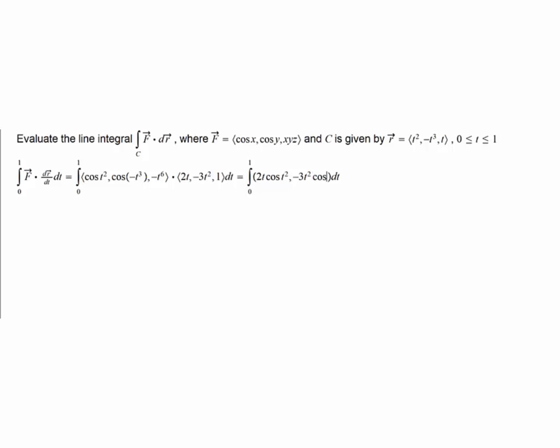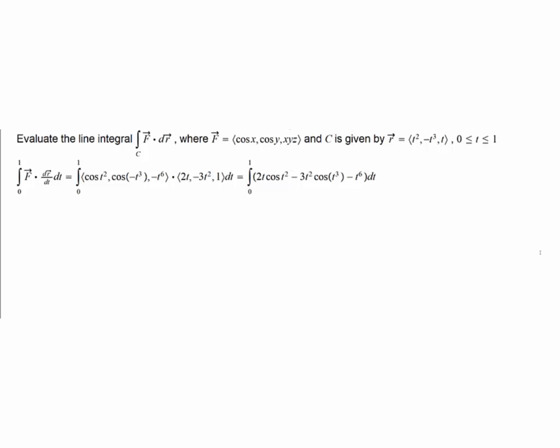I'm ignoring the negative sign because for cosine it doesn't matter. So t cubed, and they will be added up, and then negative t to the 6 times 1 is simply negative t to the 6.